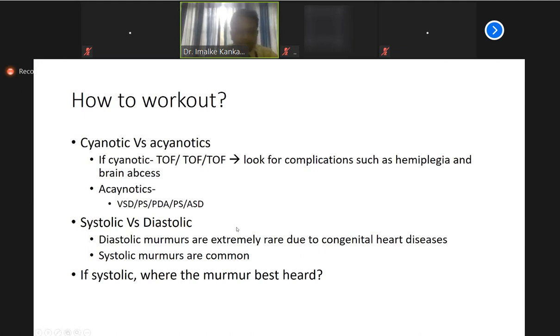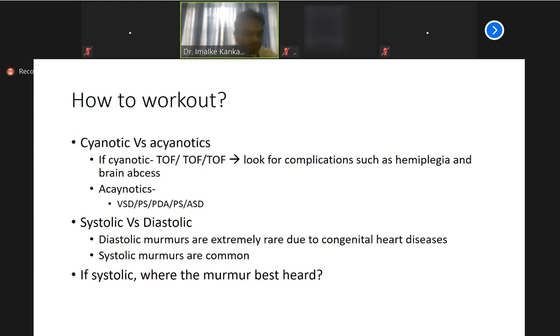Systolic and diastolic murmurs: diastolic murmurs are extremely rare due to congenital heart disease. Keep that in your mind, because diastolic murmurs are very difficult to hear in the presence of a heart rate of 100. There's no diastolic time, so that's why you can't hear. Systolic murmurs are very common.